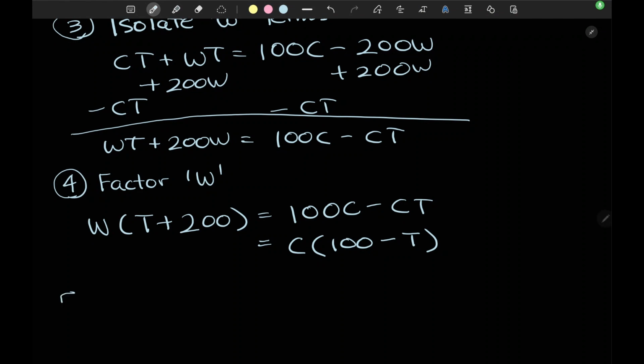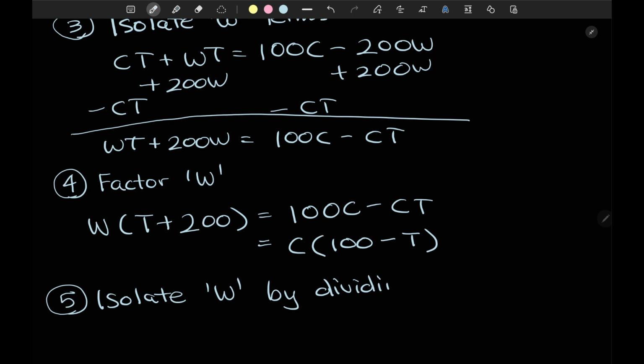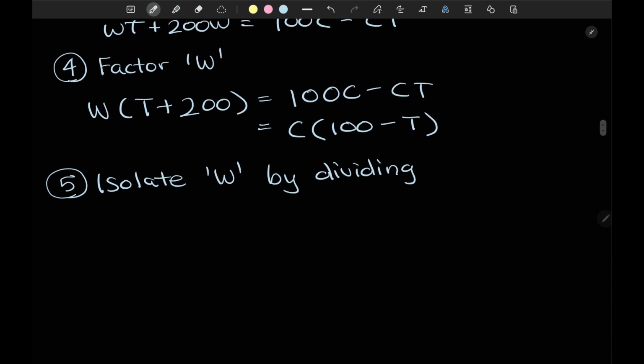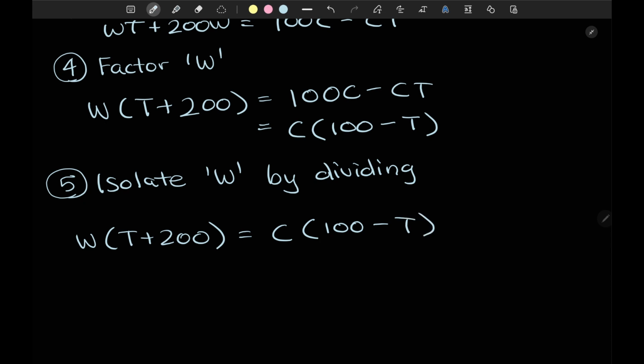Now, final step, step 5, is going to be to isolate w by dividing. So essentially, the t plus 200 is just going to be divided out of both sides. w times t plus 200 equals c times 100 minus t.